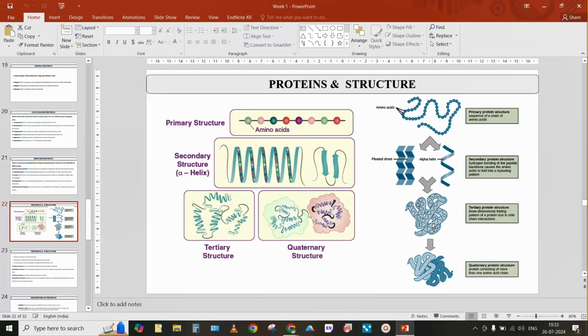Bonds stabilizing quaternary structures include hydrogen bonds or hydrophilic interactions, hydrophobic interactions, van der Waals interactions, and the function of all these proteins we'll cover in the next slides.